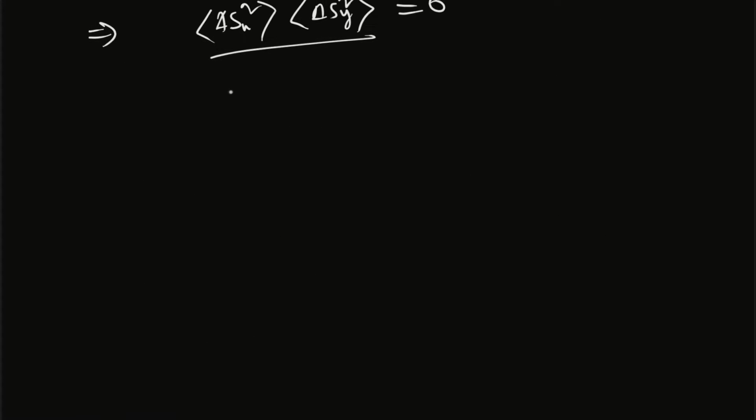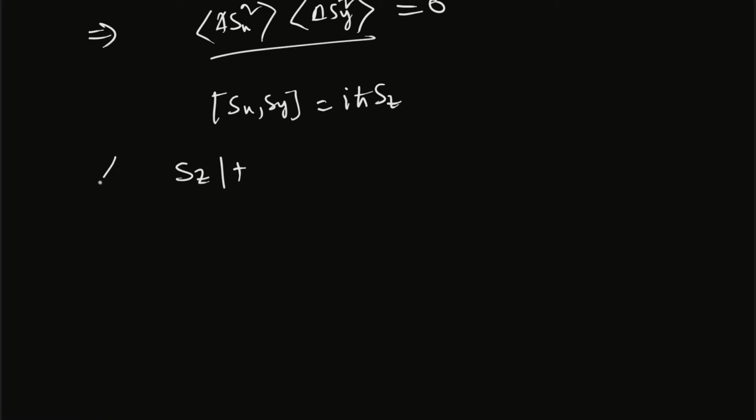As we know, [Sx, Sy] is equal to iħ Sz. So we have to calculate the expectation value of Sz in the |+x⟩ state.